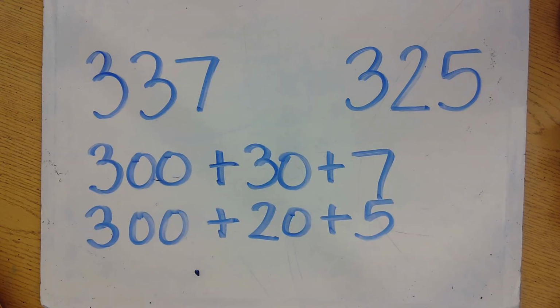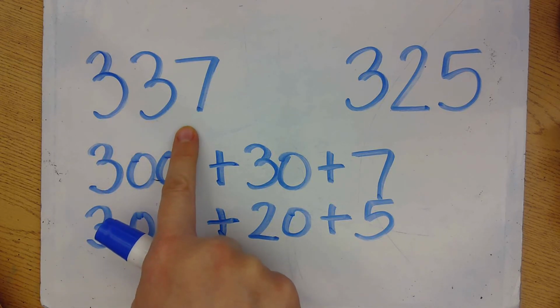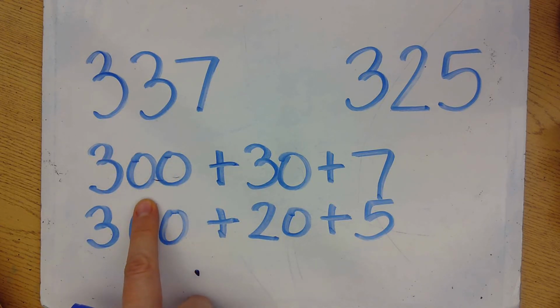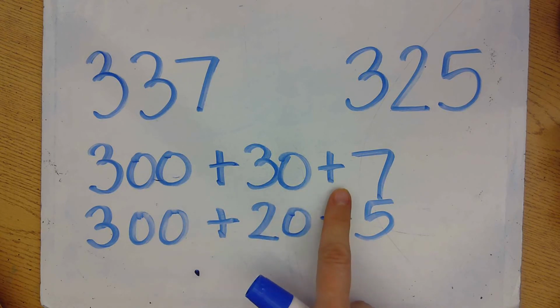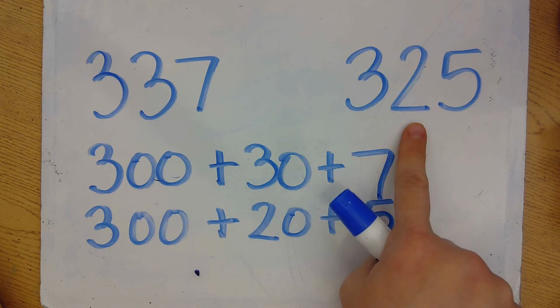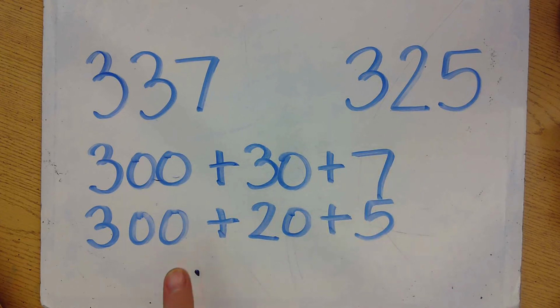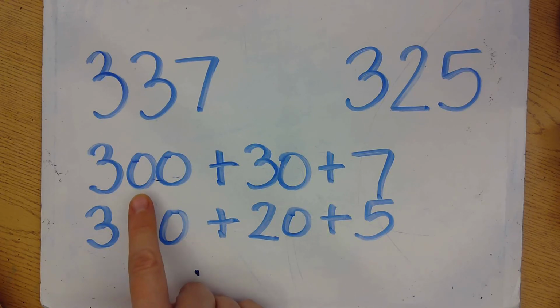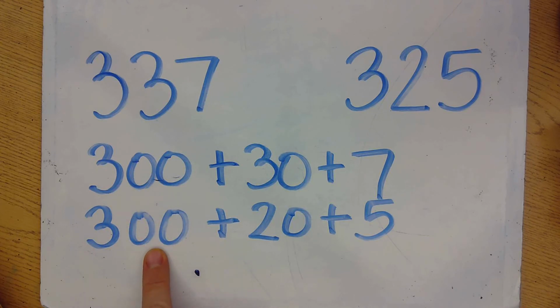Hopefully you had a chance to show these numbers in expanded form. The first number, 337, you should have 300 plus 30 plus 7. And the second number, 325, you should have 300 plus 20 plus 5. Using this expanded form, can you determine which number is bigger? I see that both of the hundreds are the same. 300 and 300 are the same.